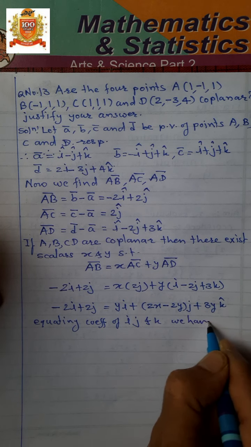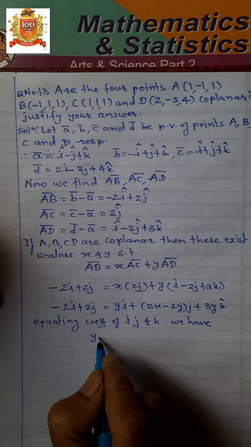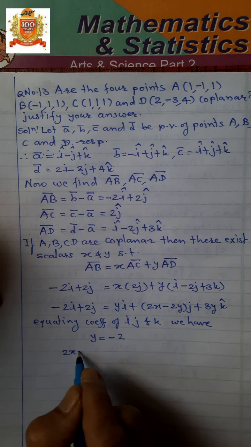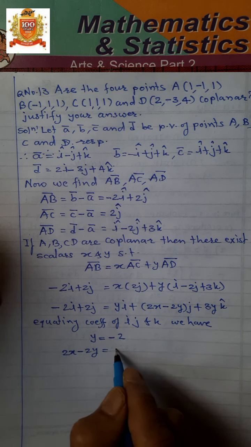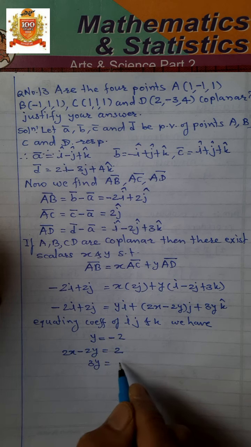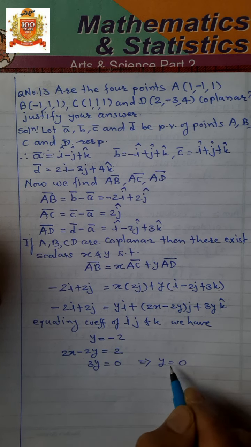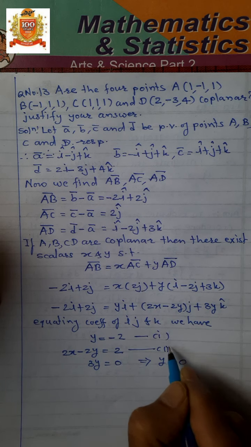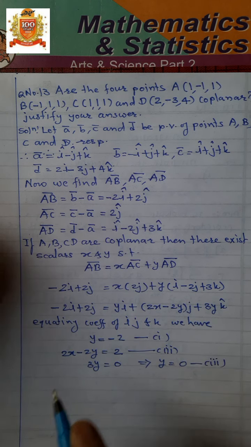We have y is equal to minus 2, 2x minus 2y is equal to 2, and 3y is equal to 0, implies y is equal to 0. This is 1, this is 2 and this is 3. Isn't it?